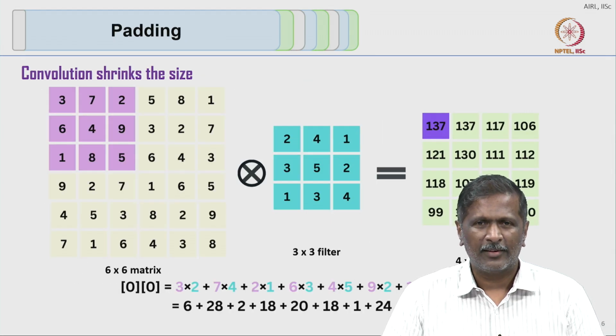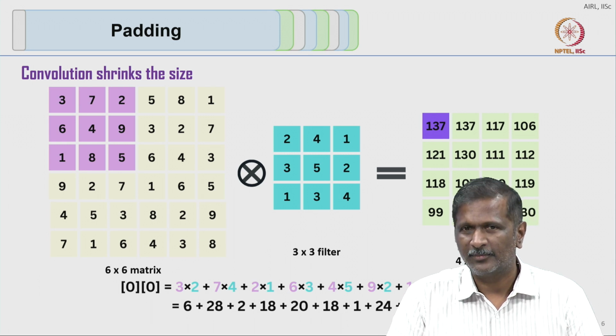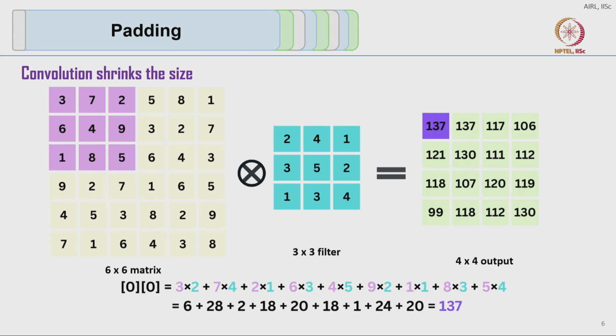Now, understand that the convolution operation shrinks the size. For example, I have taken a matrix of 6x6 and I put a filter of 3x3. Earlier I just used 1 and 0, but now I want to use the pixel values themselves, right?